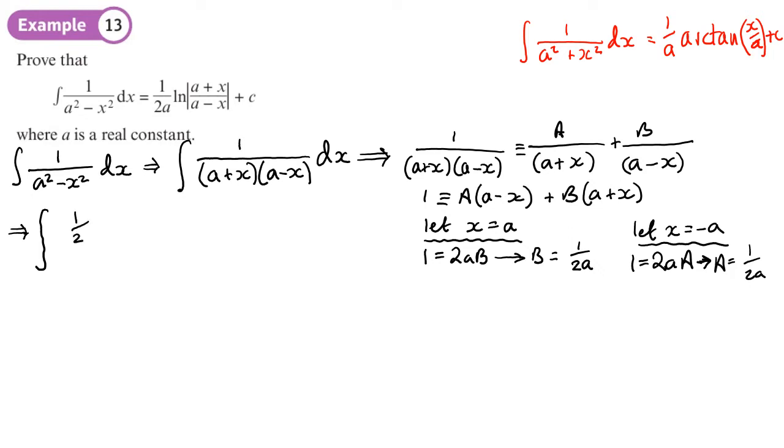So the integral now becomes, what did we have? I'm going to write it like this, 1 over 2a over a plus x plus 1 over 2a over a minus x. Now 1 over 2a is a constant, so it goes at the front now.